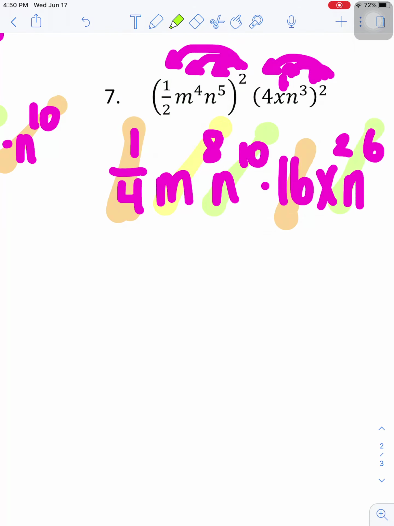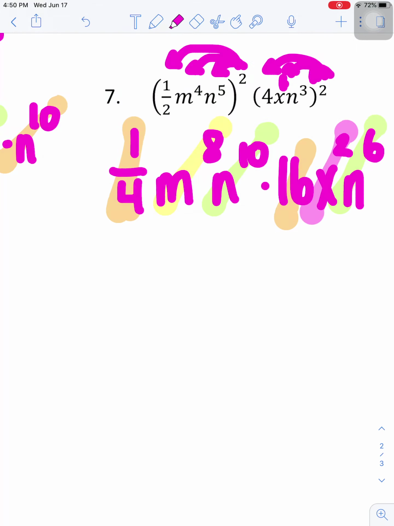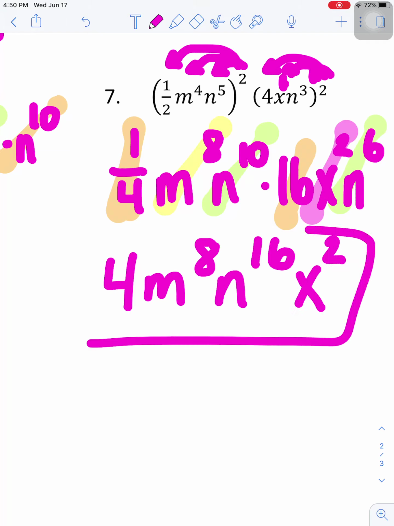Then we have an n and another n. And then we have this x by itself. So 1/4 times 16 is 4. The m to the 8th is by itself. We'll bring that down. Then you have the n to the 10th times n to the 6th. That's n to the 16th. And then that x squared was also a loner, so you'll just bring that down.